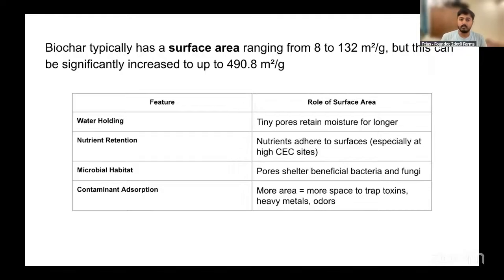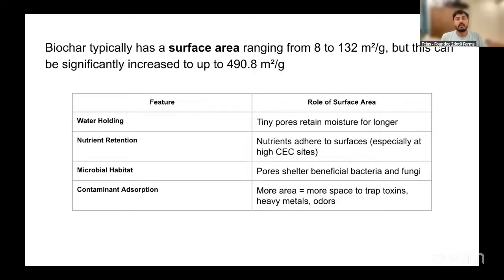A lot of nutrient retention is also helped by this enormous surface area, especially when we look at cation exchange capacity, which we will come to in a bit. And all this surface area is like the built-up area in our houses, apartments, farms, and everything, a place for microbes to happily live and prosper in general.